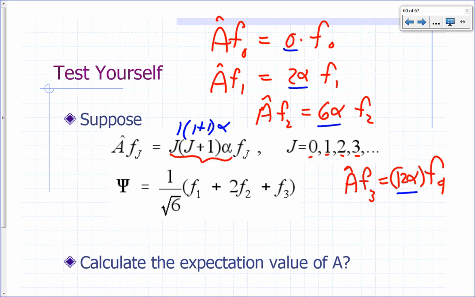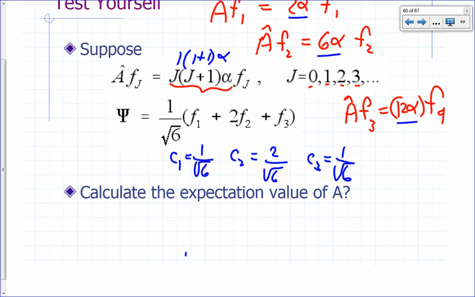So let's say psi happens to be 1 over square root of 6 times (f1 plus 2f2 plus f3). So what is our C1 here? 1 over square root of 6. What is our C2? 2 over square root of 6. What is our C3? 1 over square root of 6. Now, is psi normalized?